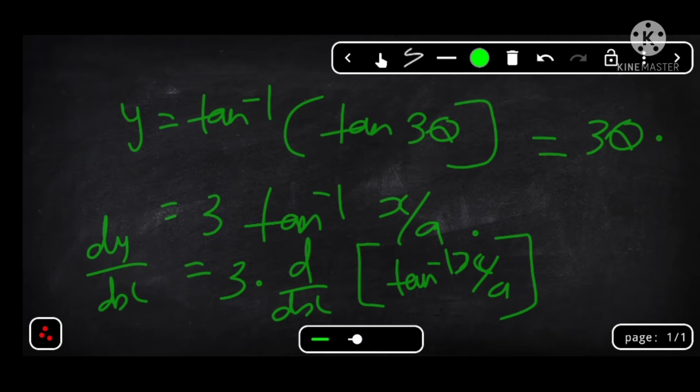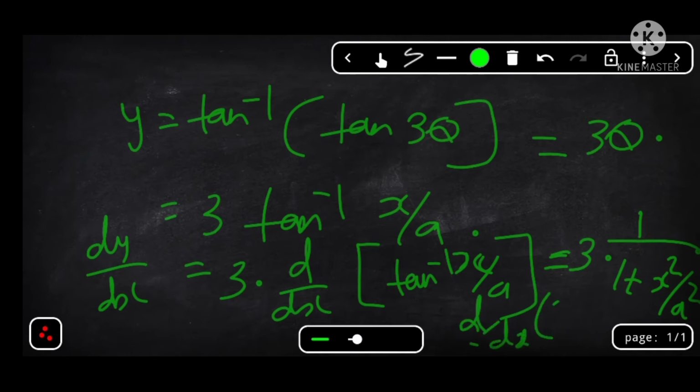So tan inverse of x by a means 3 into 1 by (1 plus x square by a square). That is the differentiation for tan inverse of x by a, into d by dx of x by a.